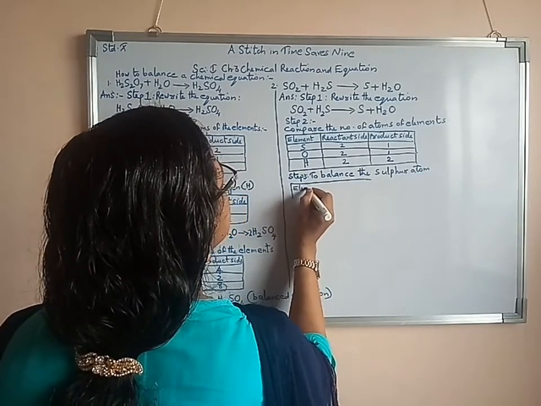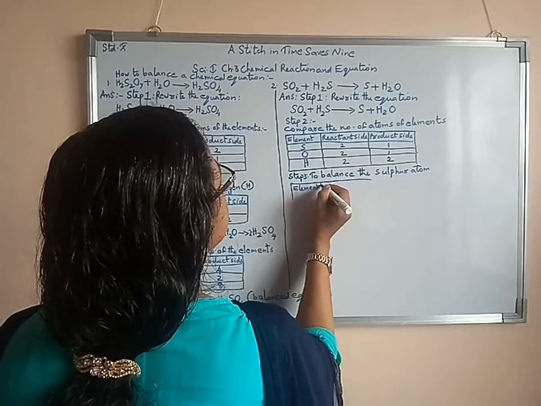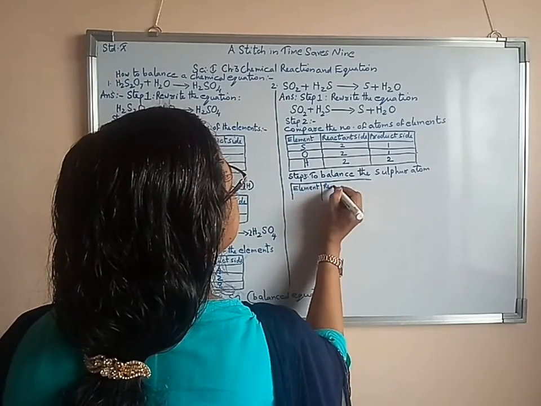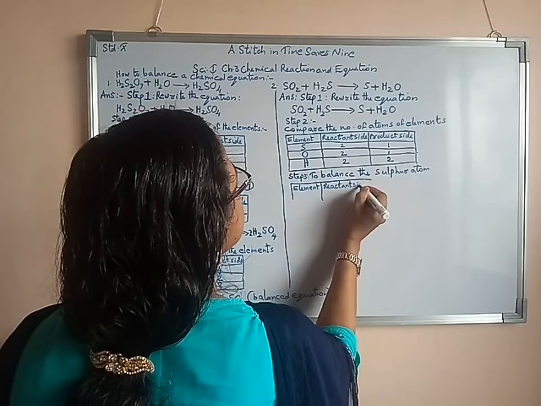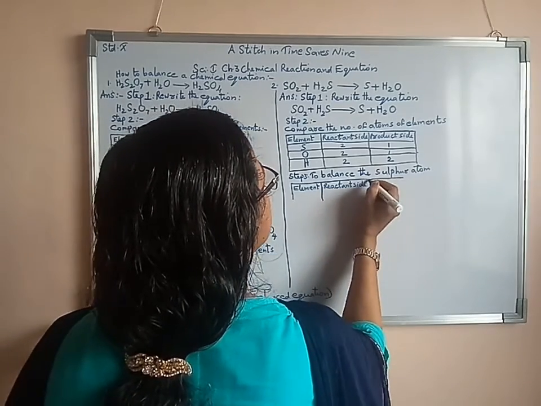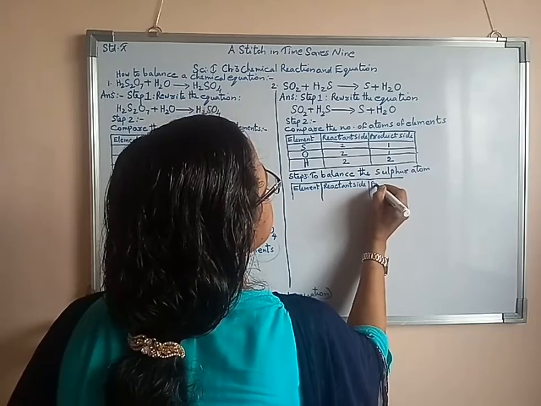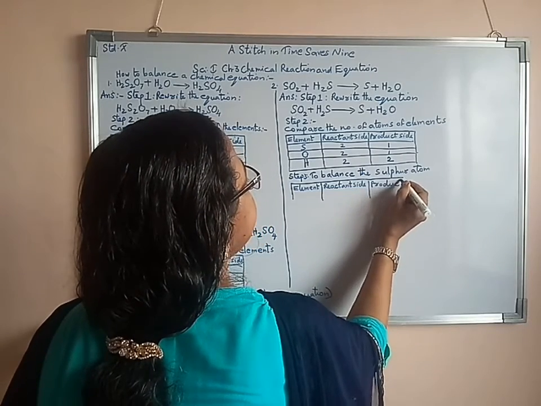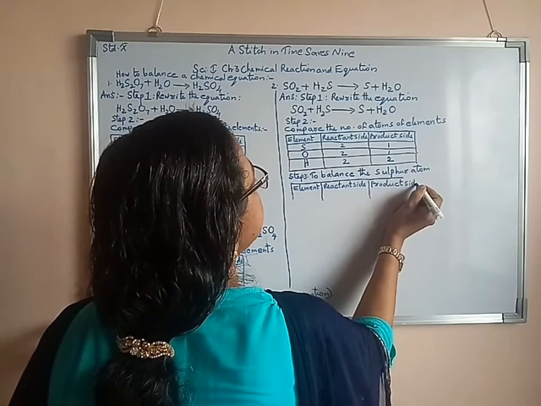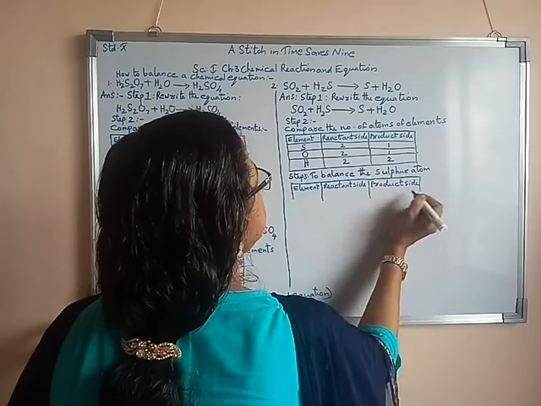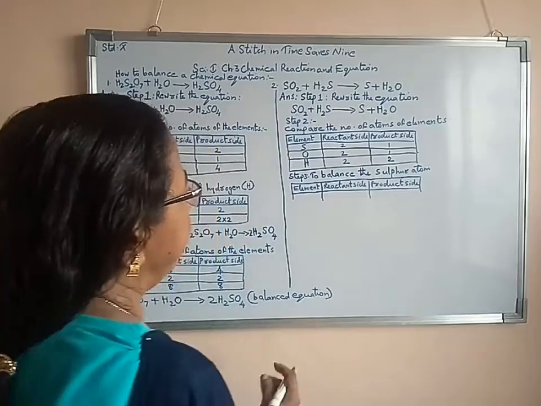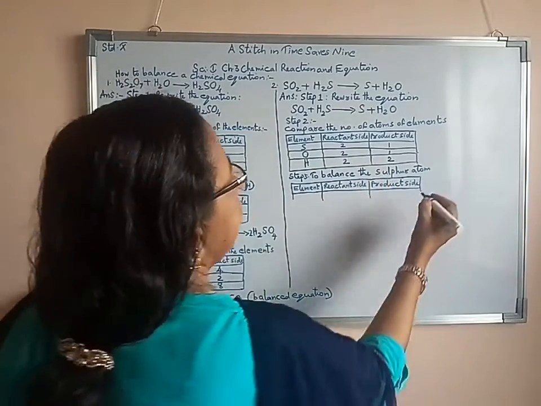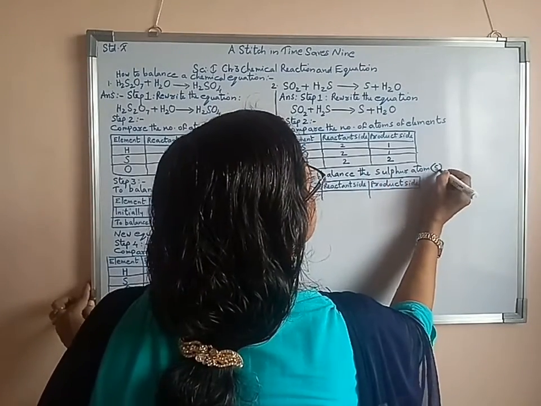Element, reactant side, product side. Here the element, we are taking sulfur element. So in bracket I am writing sulfur.